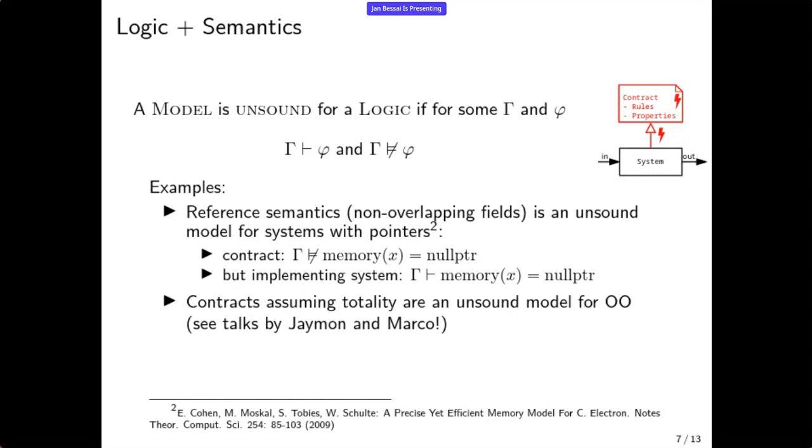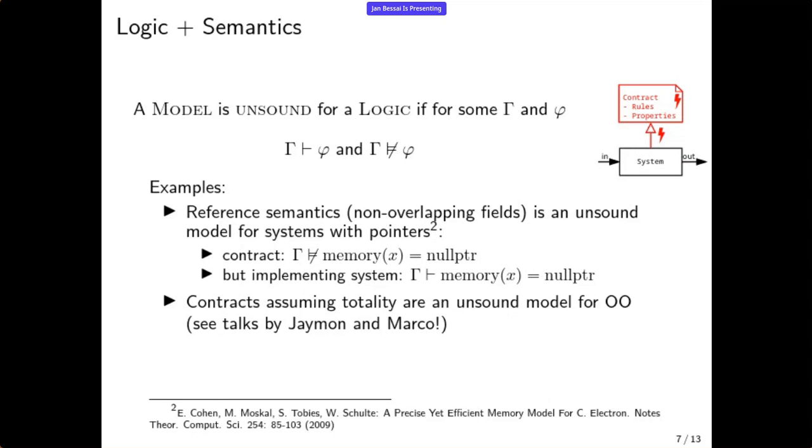One of them that I found in literature is that, for example, reference semantics, which are commonly used in OO languages to do aliasing analysis of objects.